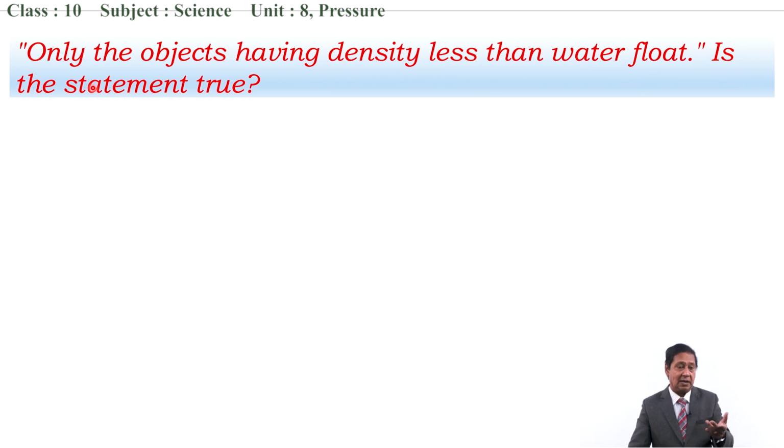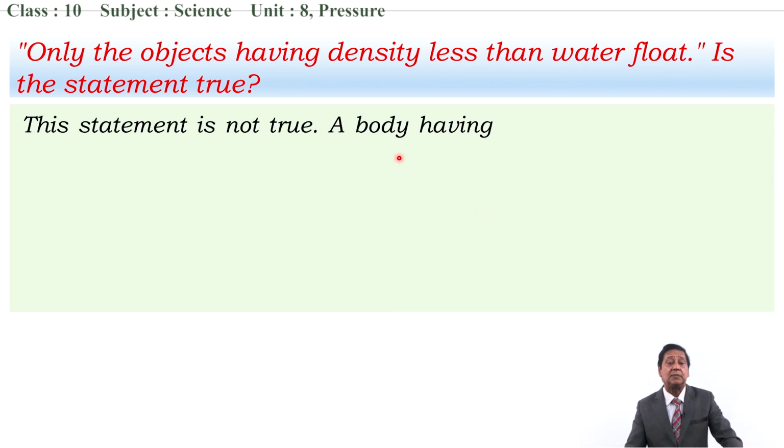No. I described this in a previous slide also. This is not a correct statement. If an object is able to displace liquid equal to its own weight because of its special shape, then the body also floats on water. That's why we can say this statement is not true.